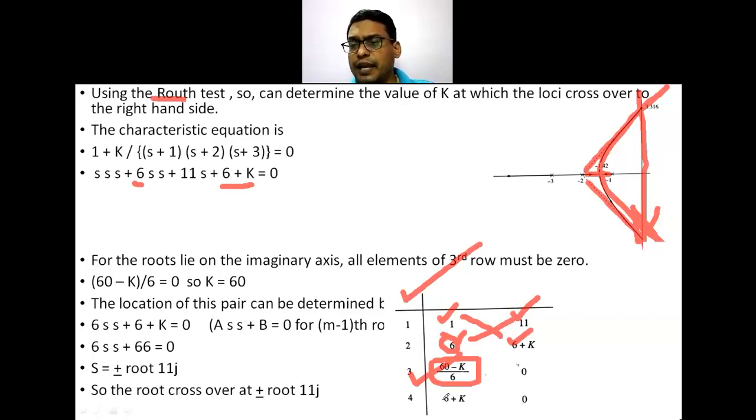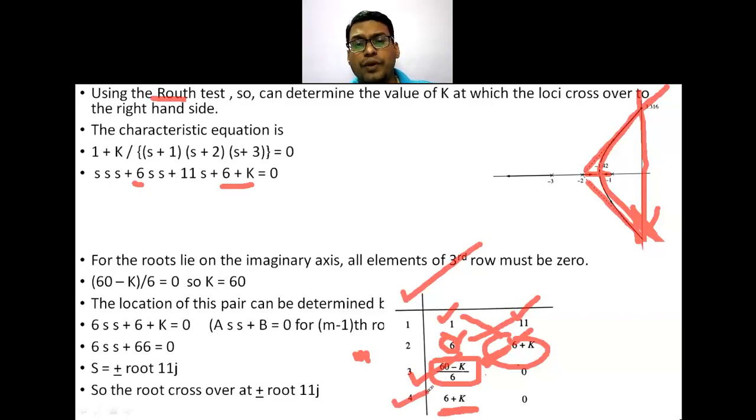Then multiplying 60 minus k into 6 plus k upon 6, divided by this, the only remaining term is 6 plus k. This row has s cube, so I will have m plus 1 rows, that is 3 plus 1, 4 rows, which is sufficient.